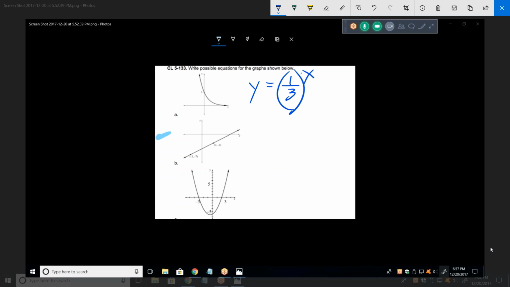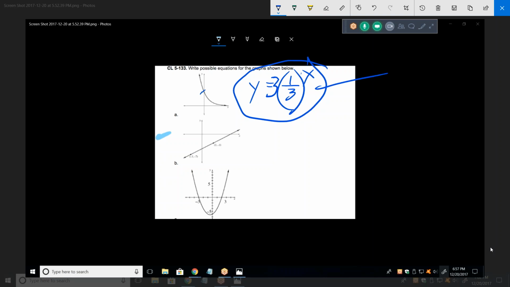Only when x is 0, y has to be 3, so I'll stick a 3 there. Now that certainly satisfies that point. And it's an exponential function that is decaying. In other words, it's approaching the x-axis, but it will never get there. So that's a possible answer.